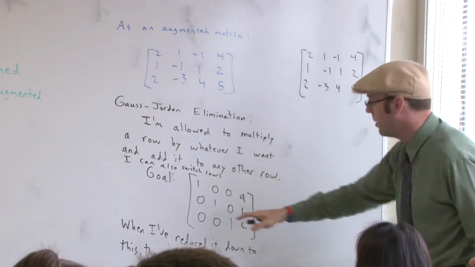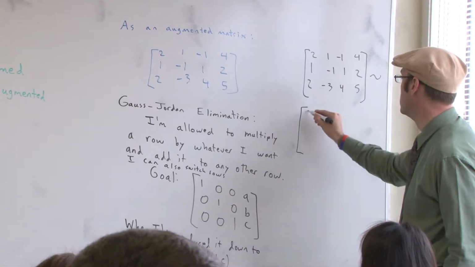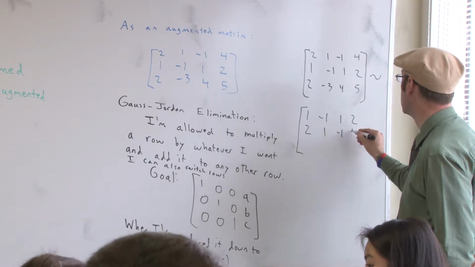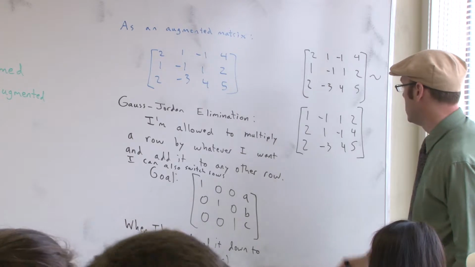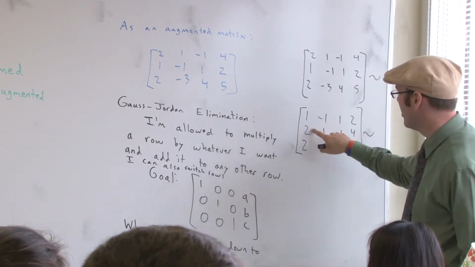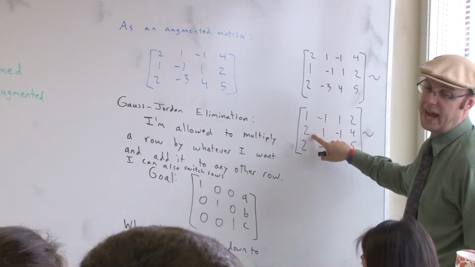And I say, all right, I want a 1 up there, so I'm going to switch those two rows. And then you say, all right, I want a 0 there, so I'm going to multiply this guy by -2 and add.